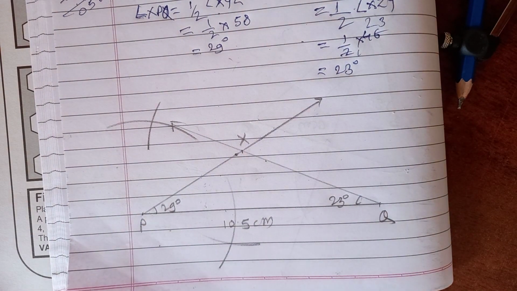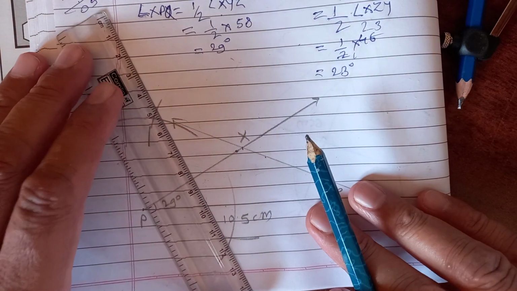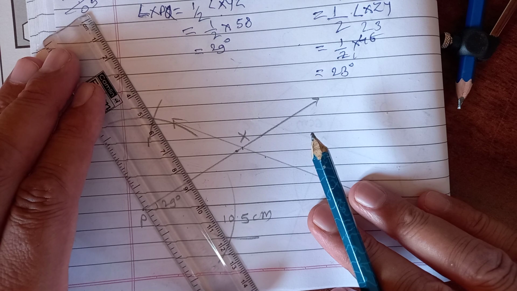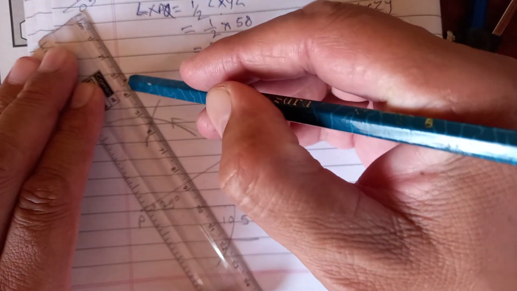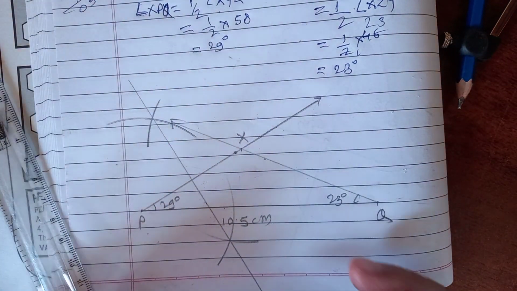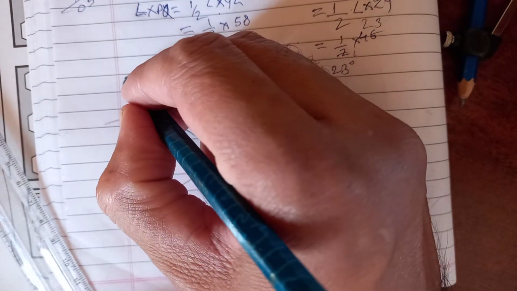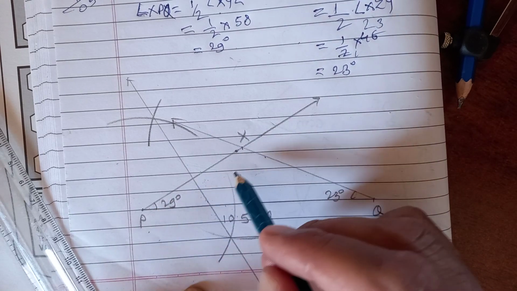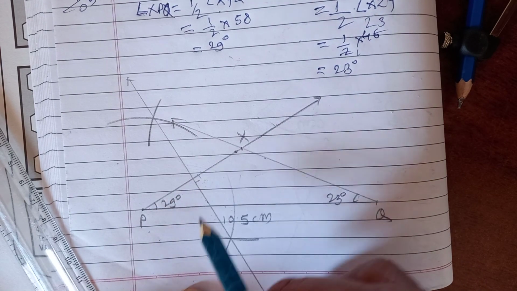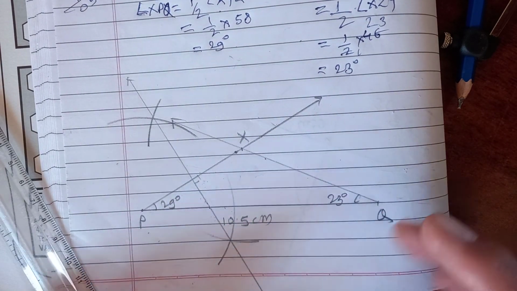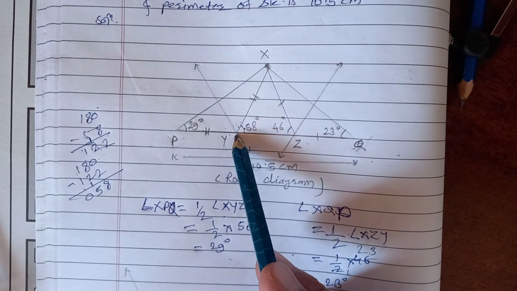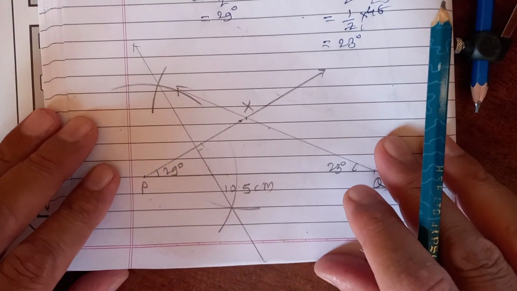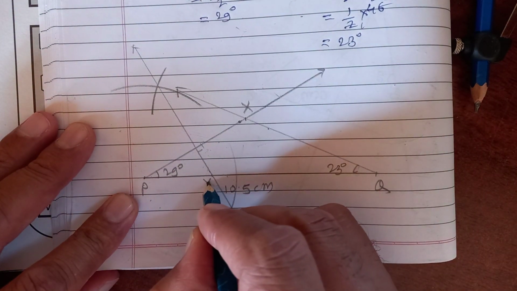Keep that compass. Draw one line passing through the intersecting point of these two arcs. What we drawn here is the perpendicular bisector of which segment? XP. This is the perpendicular bisector. And where it intersects, which point did we find here? Y. So name this point Y.